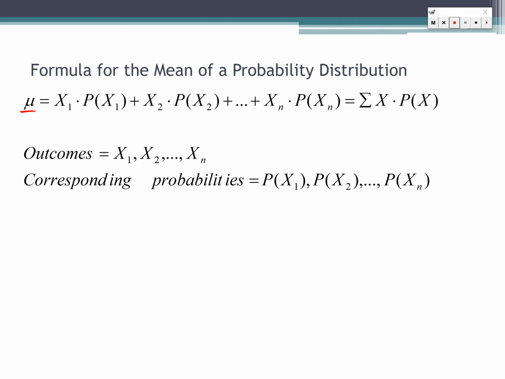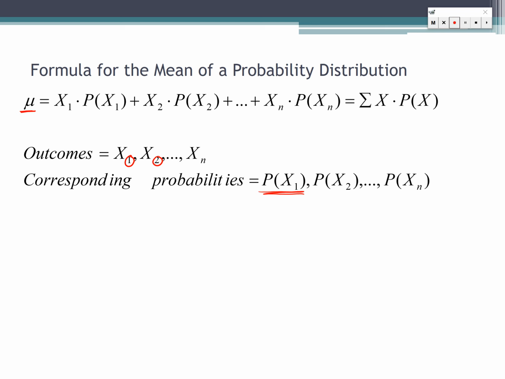The next example we'll look at was when we rolled the 2 dice and we looked at the sum. We had an outcome of 2, 3, 4, 5, 6, 7, 8, all the way up through 12. Those are all the capital X's. The little subscripts just help us distinguish between each separate outcome. Corresponding probabilities, I'm hoping that after all our work with Chapter 4 that we're getting used to that notation with the capital P and then in parentheses whatever the event is we found the probability of.